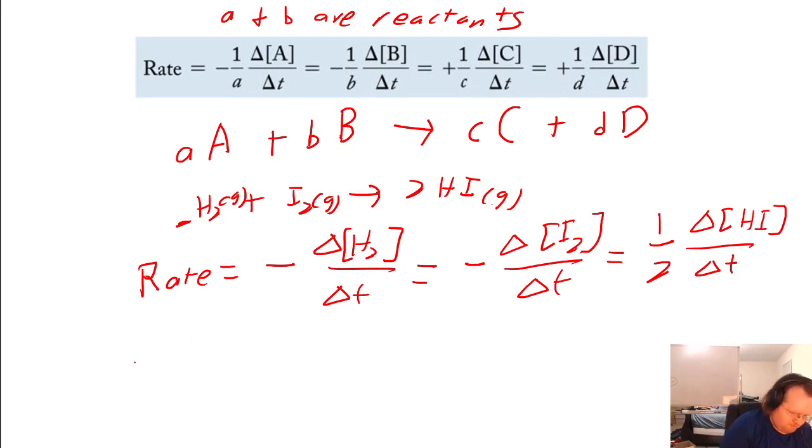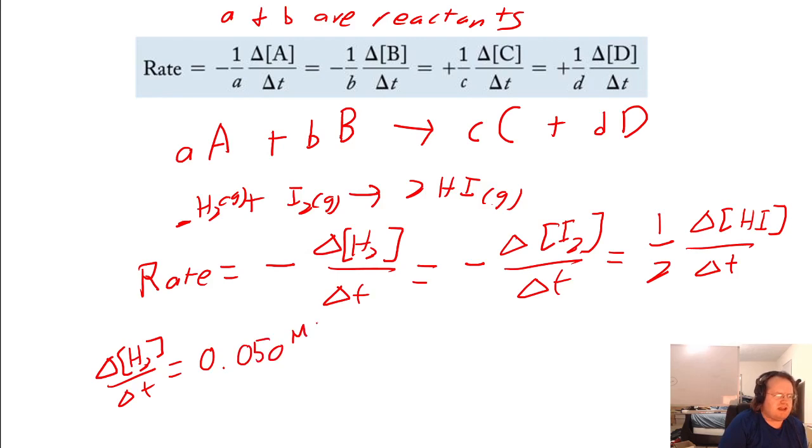For example here, let's say someone went ahead and told you, oh, we know the change in hydrogen. We measured it. The change in hydrogen for this reaction at the time we're interested in is 0.050 molar per second. Well, then I can plug it into this equation and I can solve for any other one. For example, let's say I wanted to know HI's rate now.